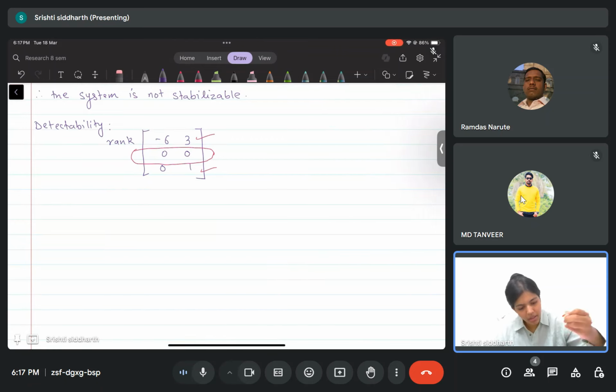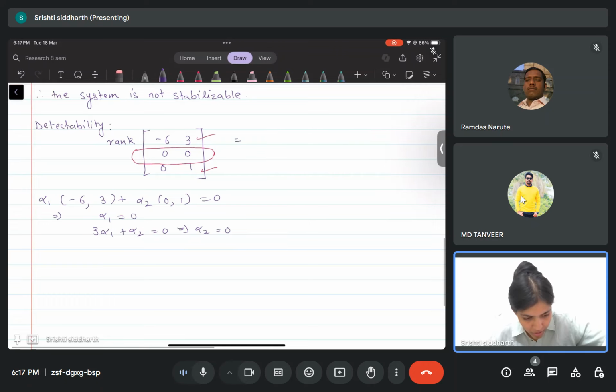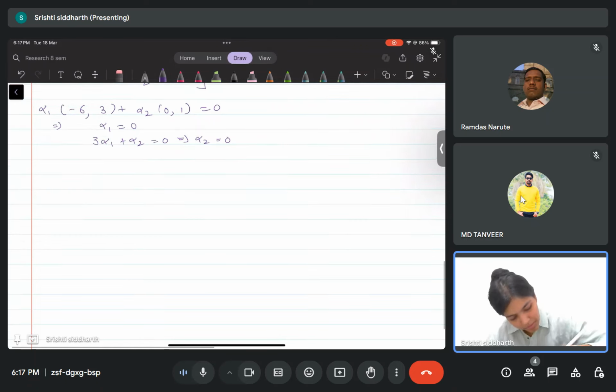We can check this pretty quickly: alpha 1 times minus 6, 3 plus alpha 2 times 0, 1 equals 0. The first equation implies alpha 1 equals 0, and then alpha 2 equals 0. The two rows are linearly independent, therefore the rank is 2. Therefore the system is detectable.